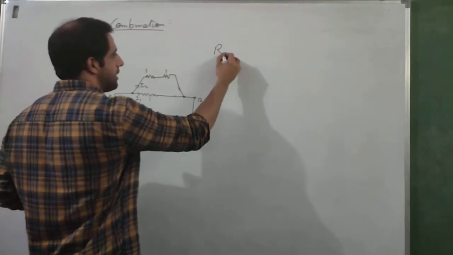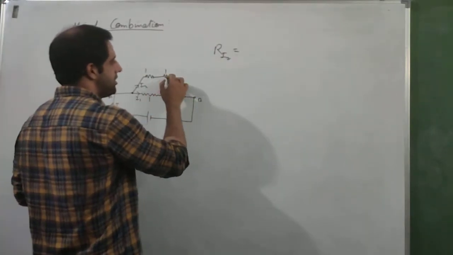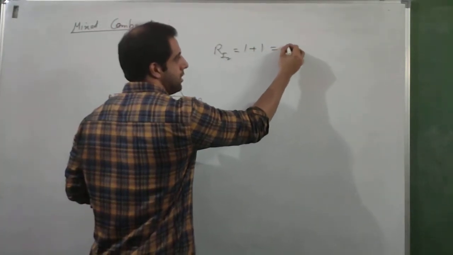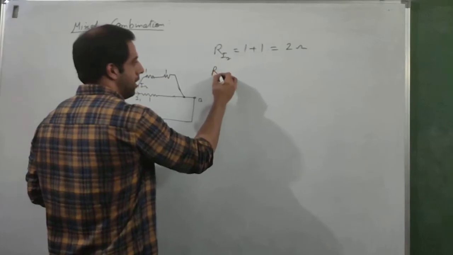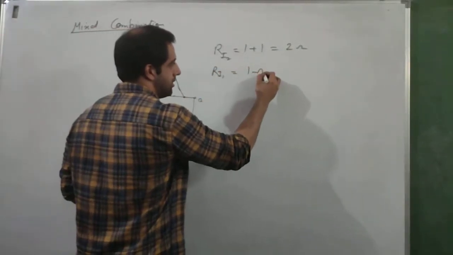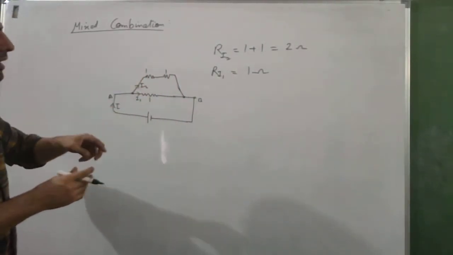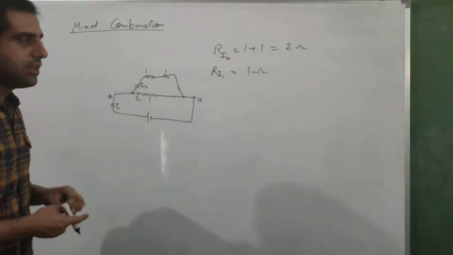Let us say the equivalent resistance of this branch of I2, these two are in series, so it will be 1 plus 1 equals 2 ohms. The resistance of R1 is only one resistor, so it is equal to 1 ohm. But these two branches are in parallel, that means these two equivalent resistances will be in parallel.